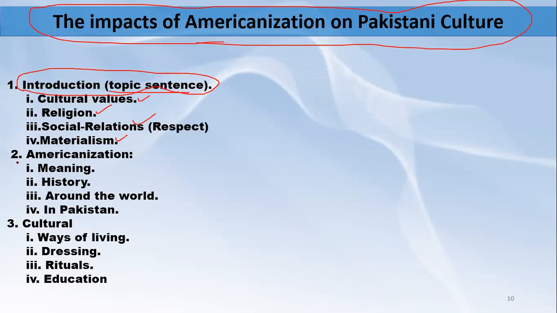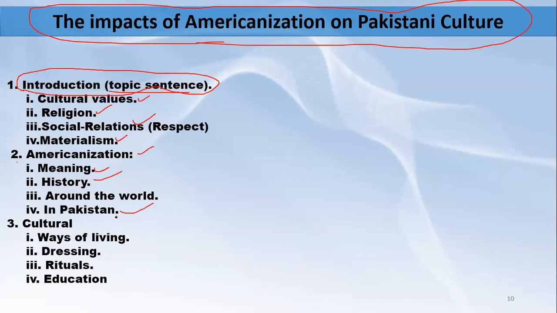Then we have body paragraph number 1. That is about Americanization. What Americanization is, what is its history, when did it start? Then Americanization around the world, and finally Americanization in Pakistan. So this is body paragraph number 1.